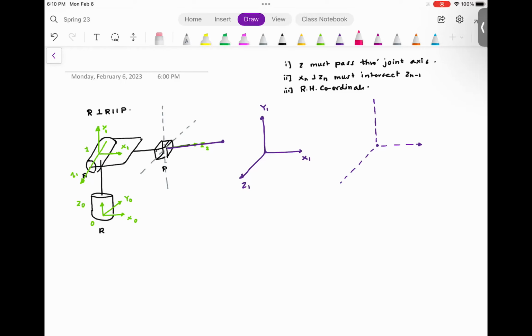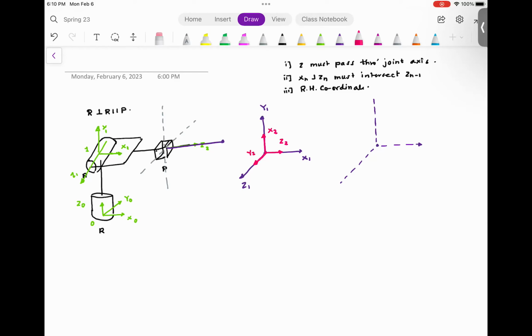So I'm going to construct a frame Z2, and then I need to construct the frame X2, and as you can see, Z2, X2, so my Y2 is going to be like this, and I will explain this once again.